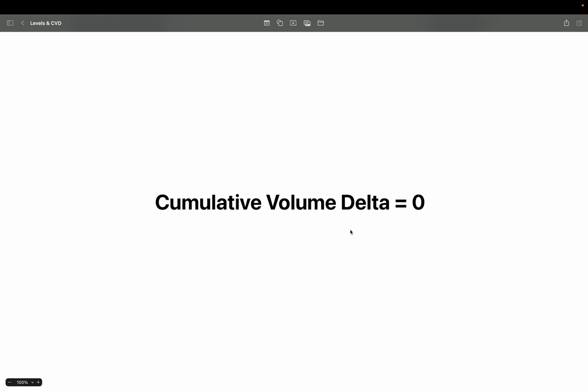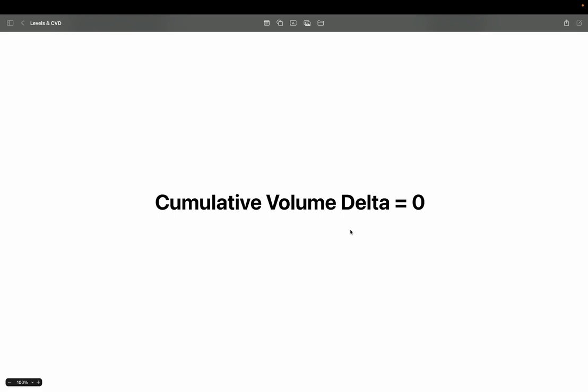Then we had a volume delta of negative 1 BTC whenever Bobo decided to sell a Bitcoin into Pepe. And so our cumulative volume delta for that period, for those 2 trades, would be 0. Plus 1 minus 1 equals 0. Now, let's look at how to actually trade it.